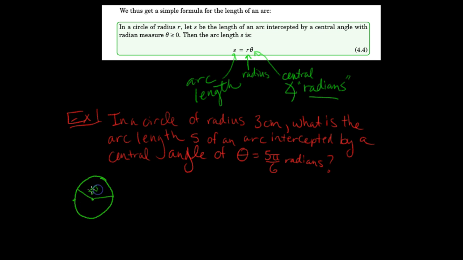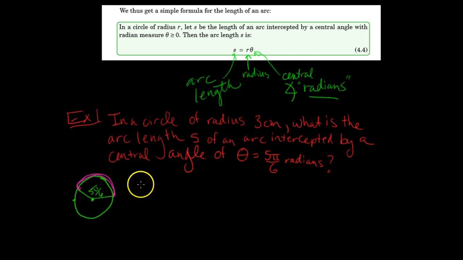Just to give you a visual, here's my central angle. Central angle meaning it comes from the center, and then we want to find the arc length. So we want to find this part, this length from here to here along the circle, this outer edge.